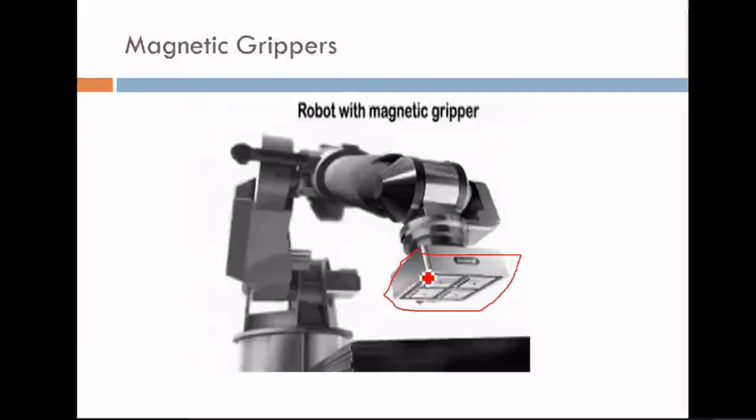When this finger holds the object and the magnetic effect is turned on, at that time it picks the heavy duty load. We also see this type of condition in industry.